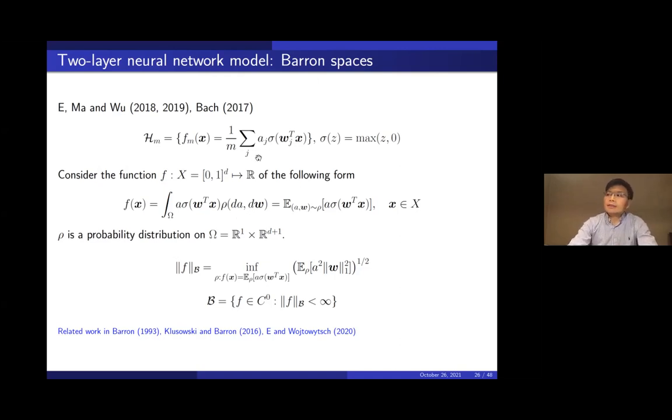namely that in these machine learning or deep learning models, what's important is not the specific values of the parameters that we found, but rather the probability distribution of these parameters. Because each time you train these neural networks, you reinitialize, and you're going to end up with a different set of parameters.